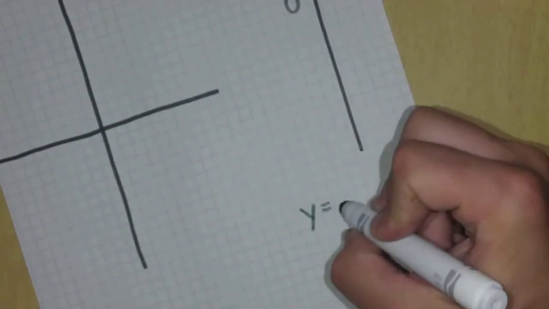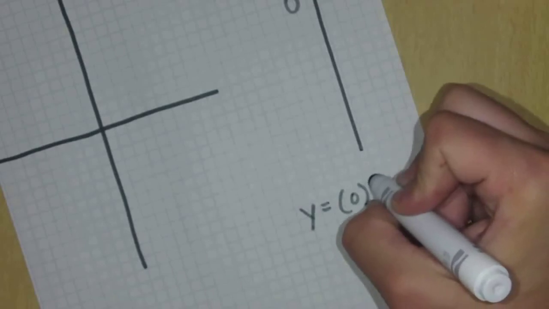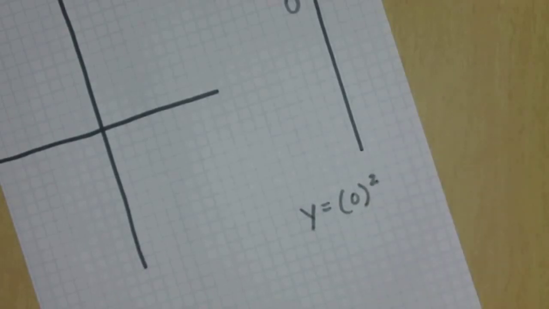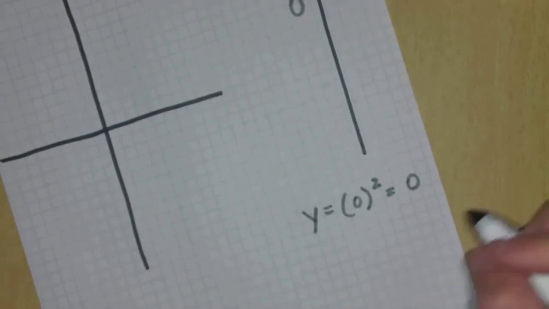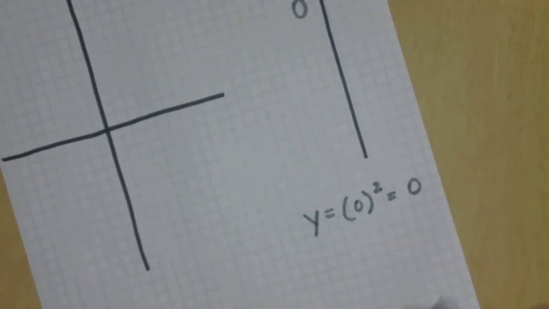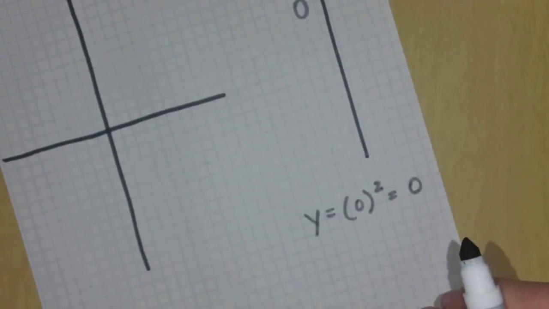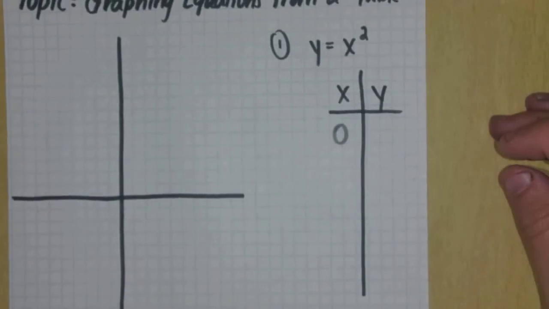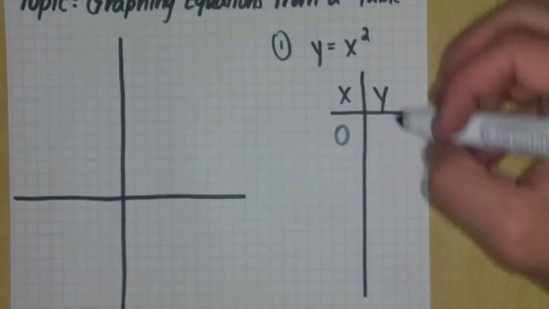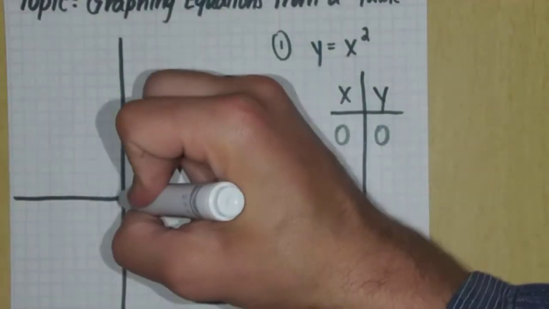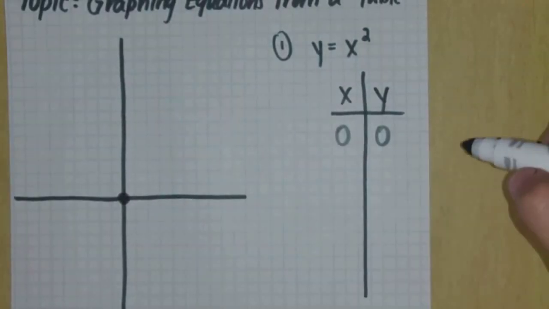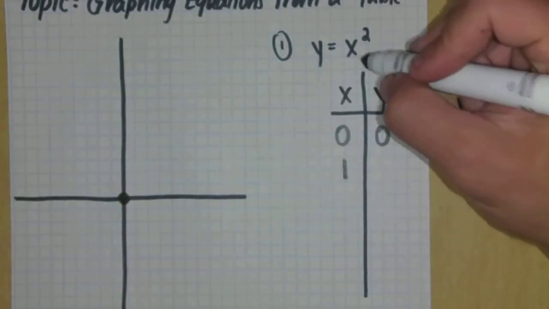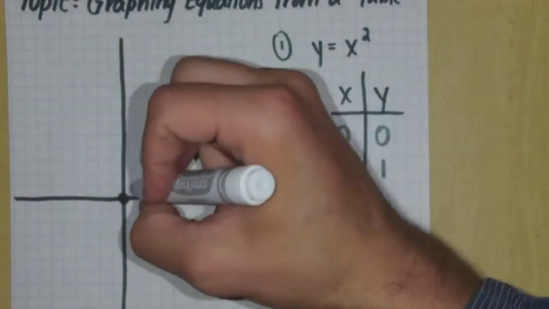I would recommend, if you're using your calculator, now this is an easy one, put all numbers in parentheses, because when you start to square negative numbers, you're going to get some weird things, especially when you go to the next picture and you start to cube negative numbers. Some weird things happen. So I'd recommend let's use parentheses. Anyhow, 0 squared though, 0 times 0 is definitely 0, would always be 0, and so we can plug 0, 0. 1 squared, 1 times by itself is 1, so 1, 1.